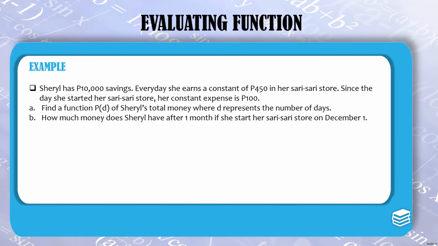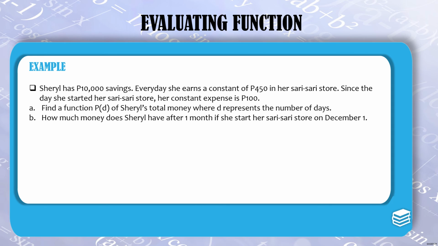Okay, last example. Gamitin naman natin si evaluating function in a given situation. Sabi dyan, Cheryl has 10,000 pesos savings. Every day, she earns a constant 450 pesos in her sari-sari store. Since the day she started her sari-sari store, her constant expense is 100 pesos. The first thing we need to do is to find the function that will represent Cheryl's total money where D represents the number of days.